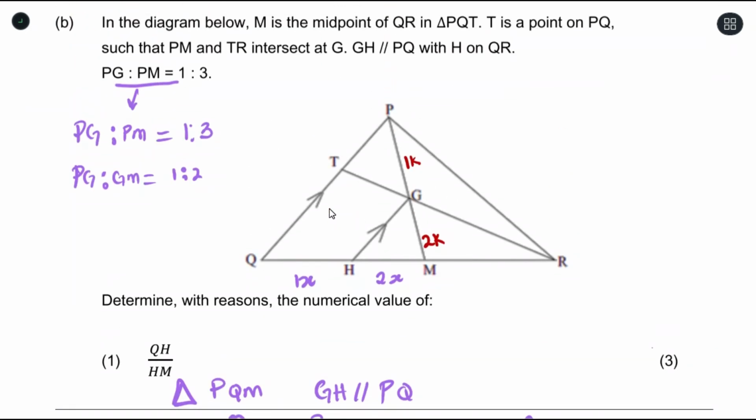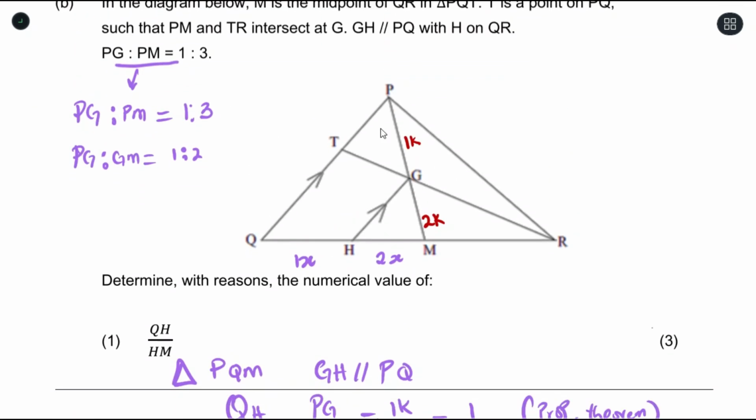Now the next question wants us to find RG over RT. Okay, so working with this here, I would be recommending we use triangle TQR because we can figure out most of the values in this triangle here. Okay, so we focus on this.